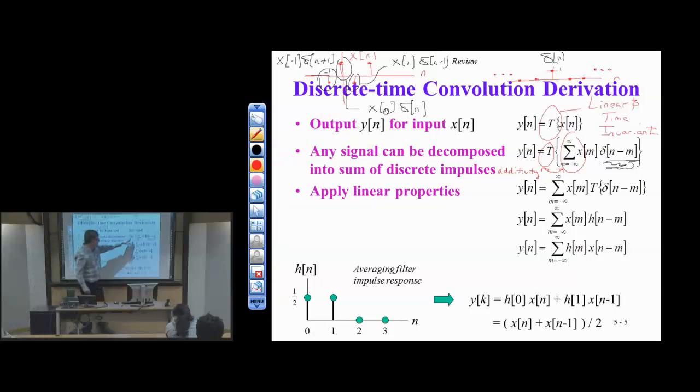Then the system is being applied to x of m times the discrete time impulse at n minus m. But the time for the system is little n. So anything that doesn't depend on little n is a constant. So x of m looks like a constant. So now I can use homogeneity to swap the order.